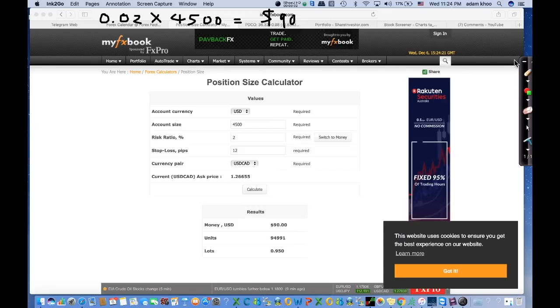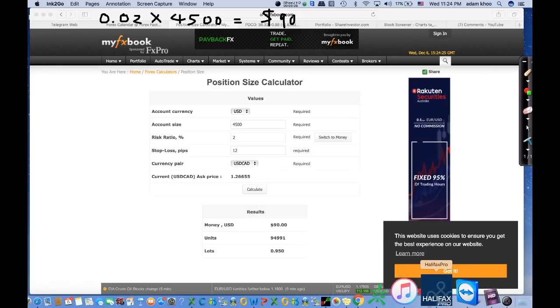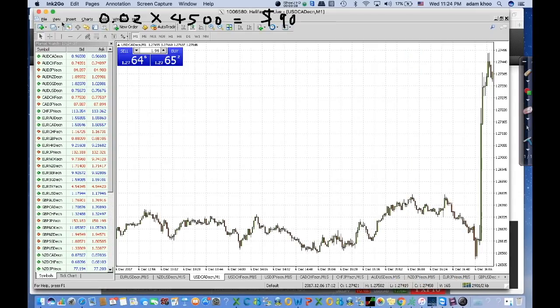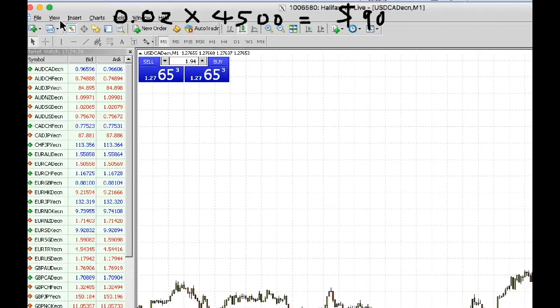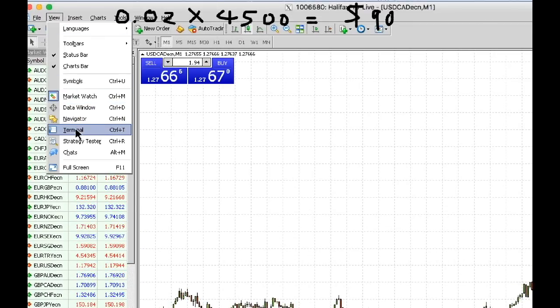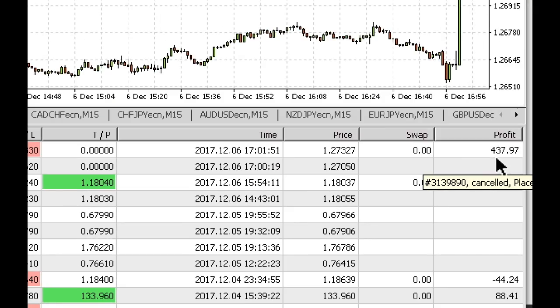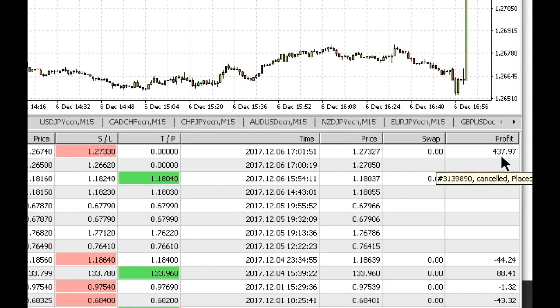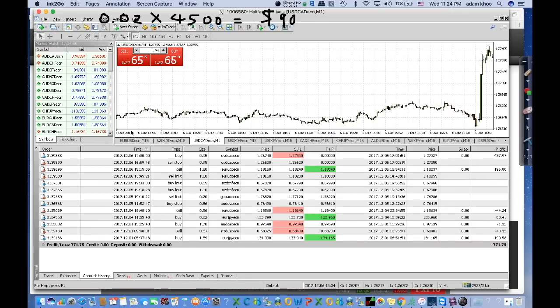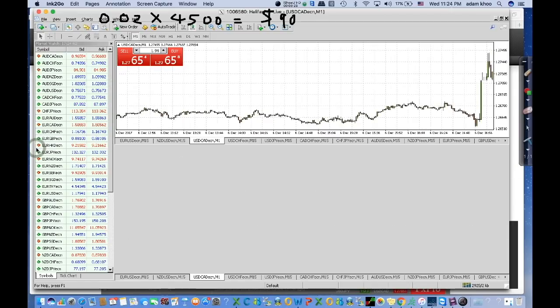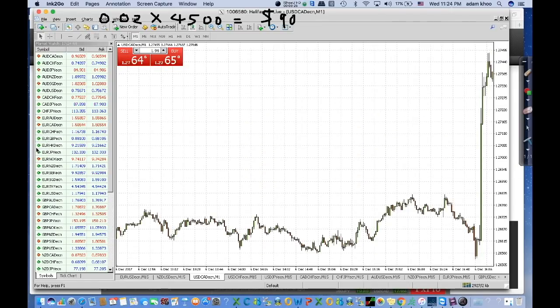At the end of the day, let me just check how much I made. I'm going to go to terminal, view, terminal. So I made $437, or well, round it to $438. I made 438 divided by $90.